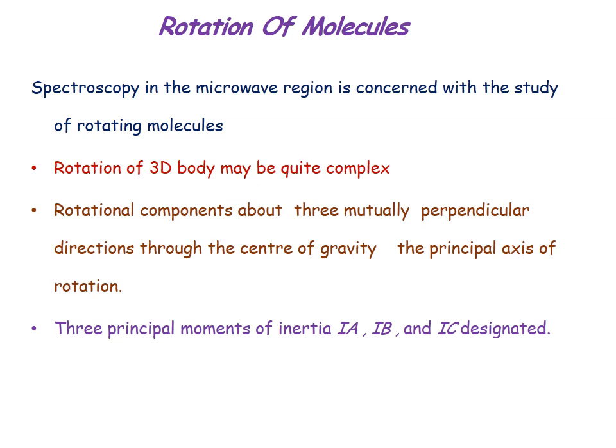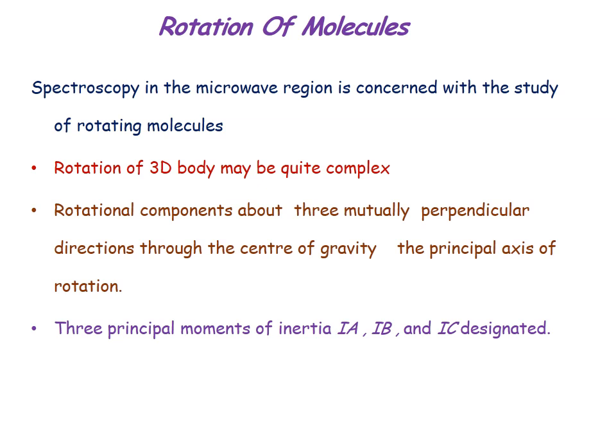We know that spectroscopy in the microwave region speaks of rotations. The rotation of a three-dimensional body is quite complex, and it is resolved into three perpendicular axes through the center of gravity, the principal axes.